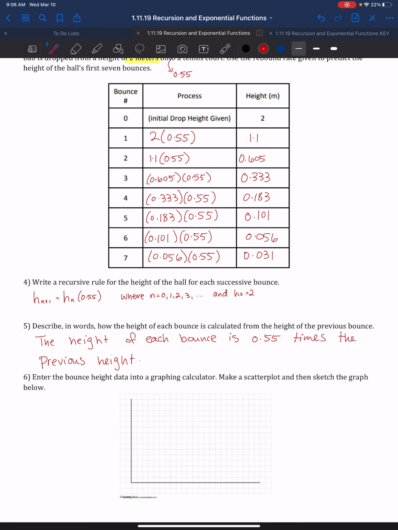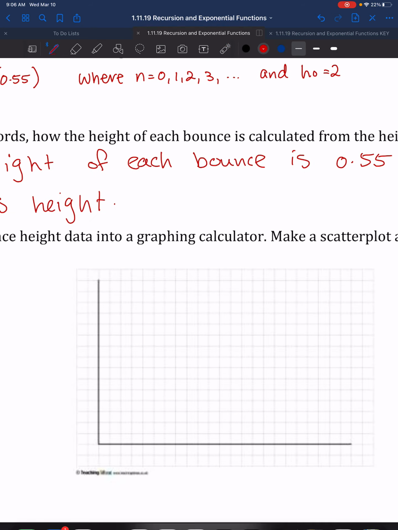So I'm going to say that here is 0, here is 1, here is 2. Okay, and then I'm doing 7 bounces, so I've got 1, 2, 3, 4, 5, 6, 7.